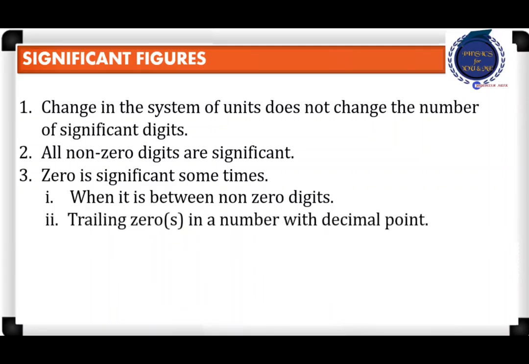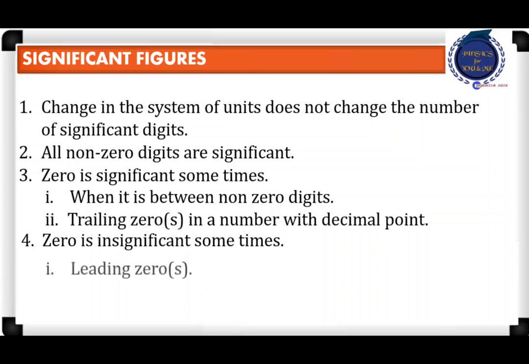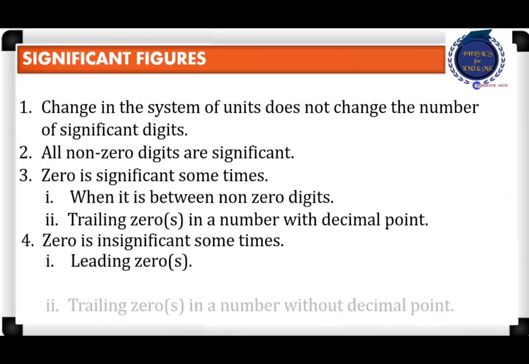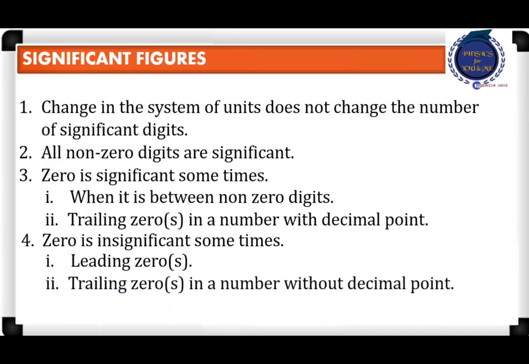Trailing zeros in a number with a decimal point are significant. 0 is insignificant sometimes. The leading zeros in any measurement are insignificant. Trailing zeros in a number without a decimal point are insignificant.